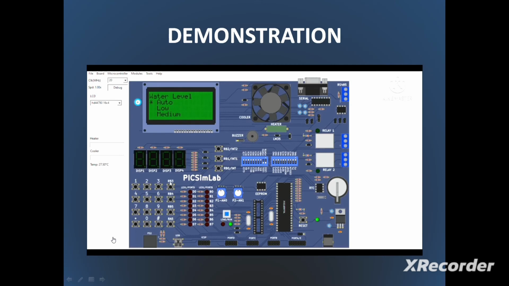For selecting the same, we have to press the RB3 key. These are the water levels: auto, low, medium, high, max. We will select the low water level by pressing the key.